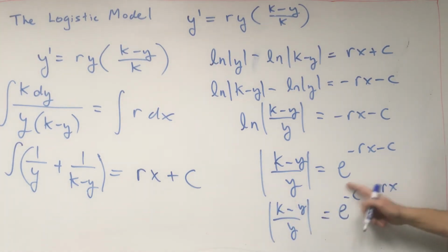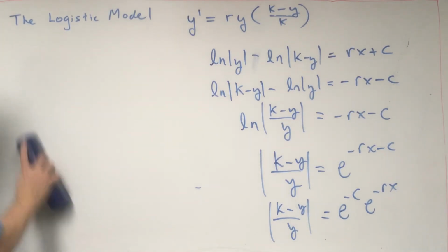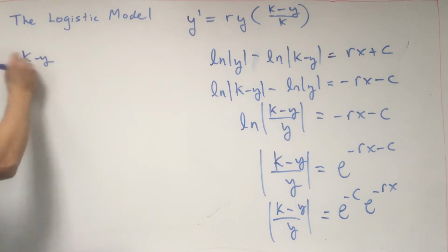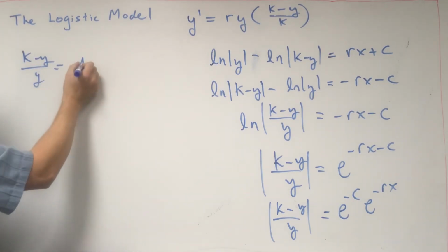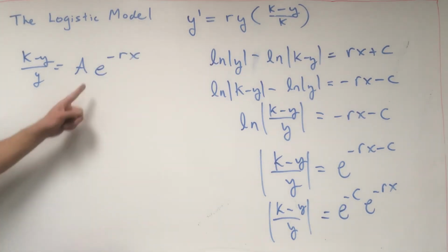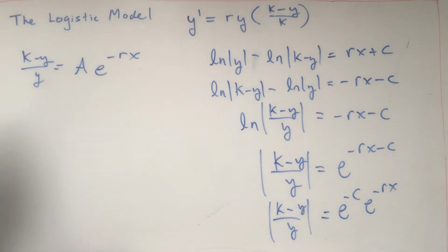And so we're going to take care of this and the absolute value simultaneously as before by giving it a new name. I'm going to use the letter A, and the A is going to absorb that e to the minus c as well as any sign change that results from the absolute value.